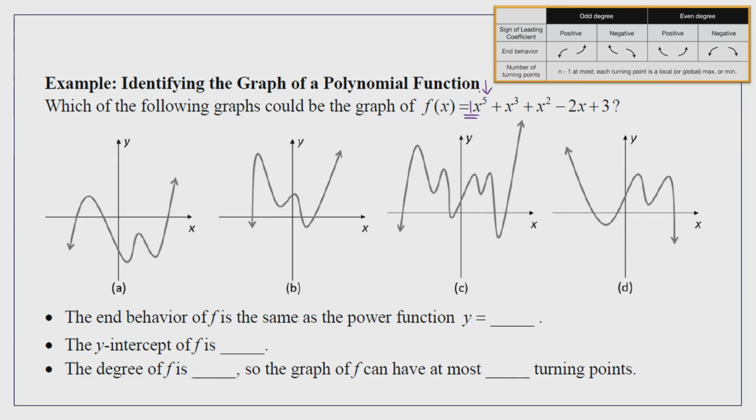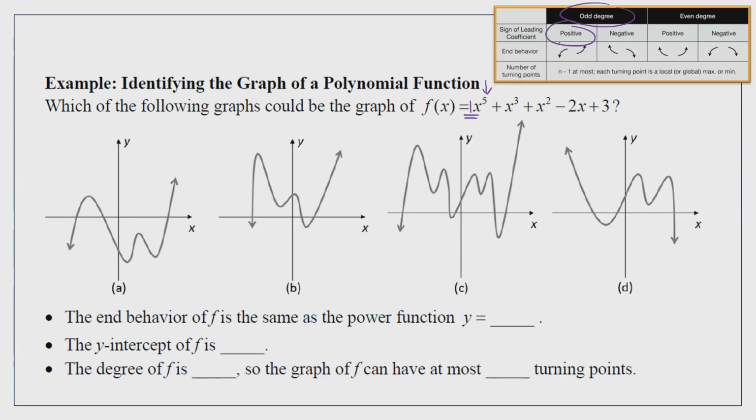Our power 5, which is the degree of the polynomial, is odd. So if we look at our chart up here, we're looking in the odd category. Our leading coefficient is 1, and 1 is positive.